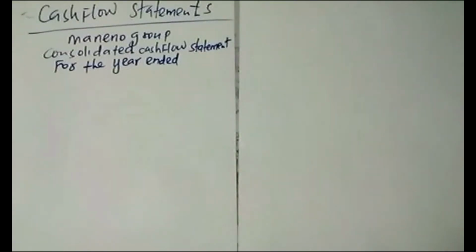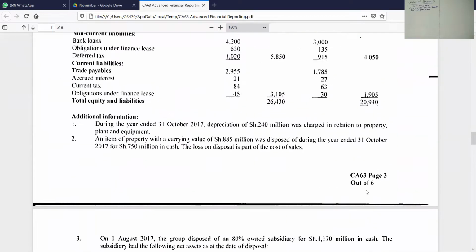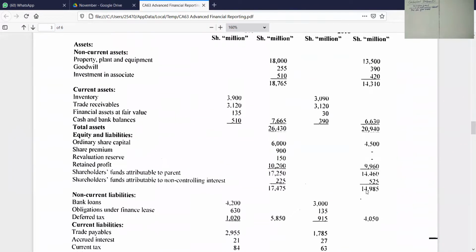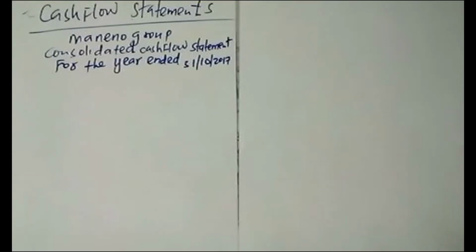You can see the income statement is as at 31st October 2017. So you write there 31st October 2017.